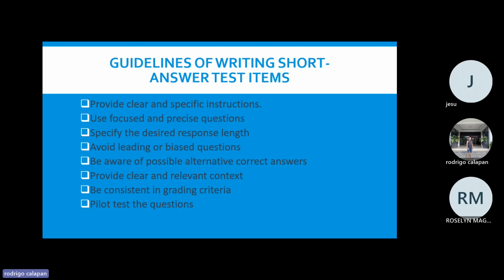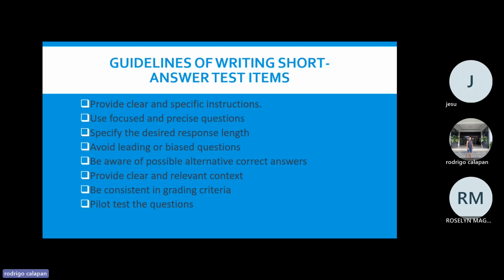We have to clearly state what is expected in the response, such as providing a concise answer, a brief explanation, or supporting evidence. And this will help students understand the required format and the level of detail.